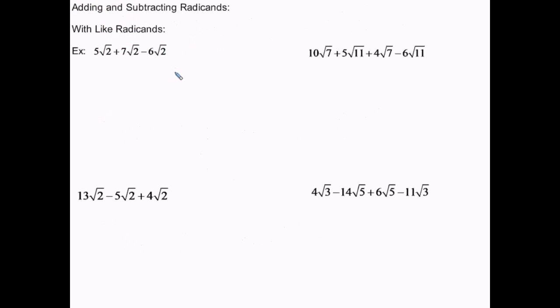Okay. If we're adding and subtracting radicals, we think of the radical like a variable. We can only add like terms. Okay, so square root of 2, square root of 2, square root of 2, these all match.